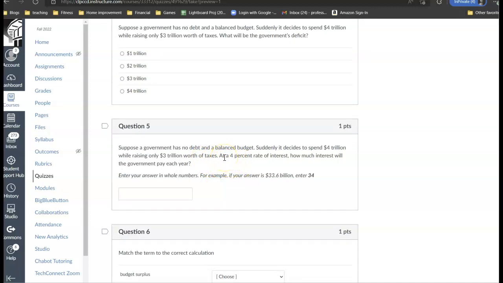And how much interest are you going to pay on that $1 trillion over 1 year if you have a 4% interest rate? Well, that's basically just 4% times $1 trillion. And I'm going to just have you put that number in here. And I want you to enter in billions. So if you get 33.6 billion, I want you to round that to 34 billion, and you're just going to put the number 34 there.